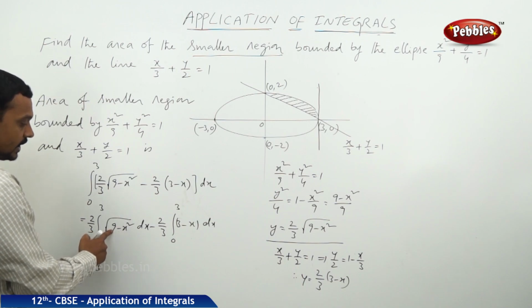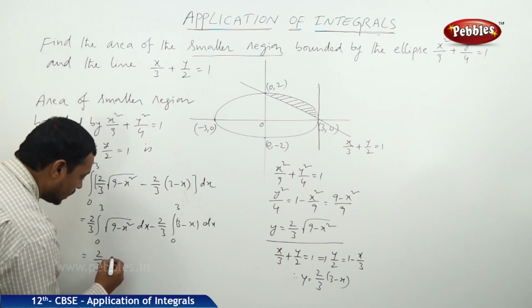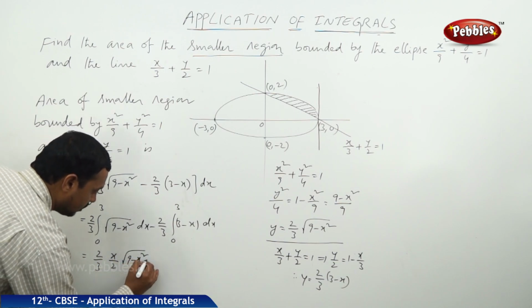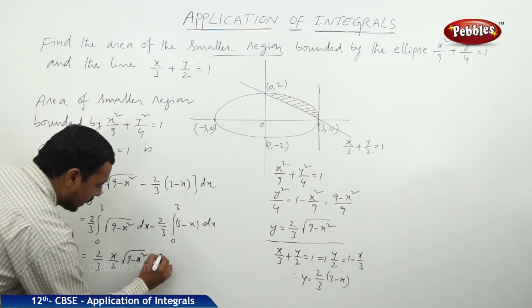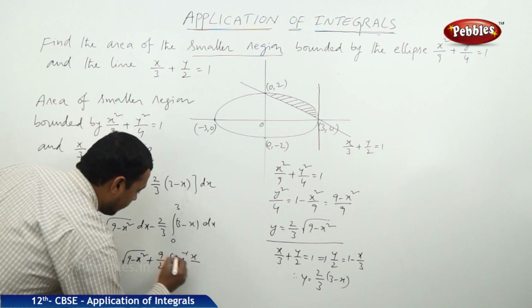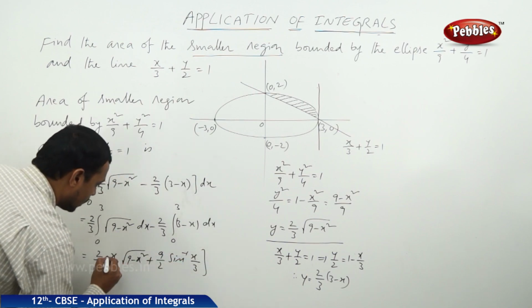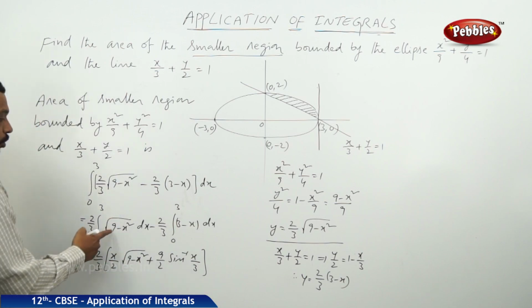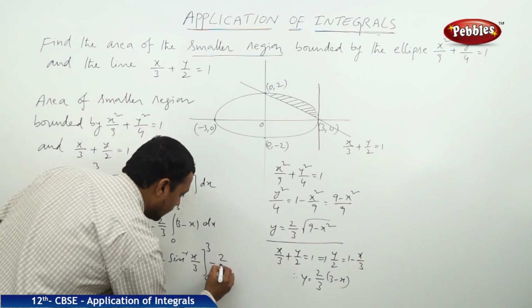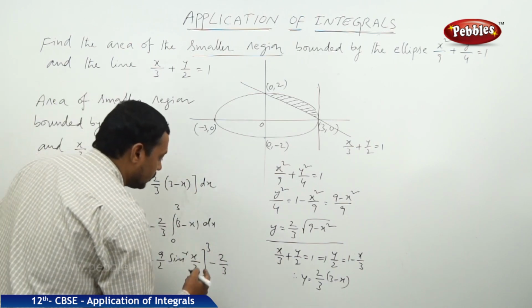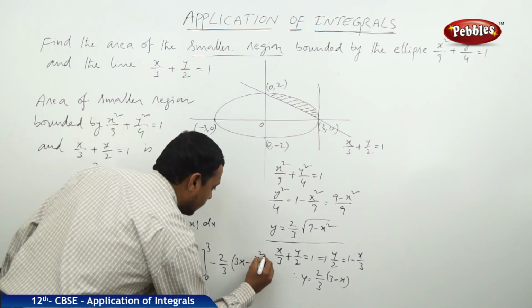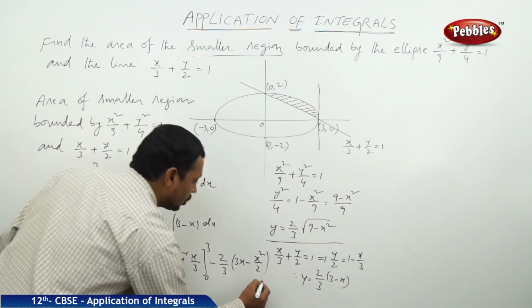Already you know the integral formula for √(a² − x²), that is (x/2)√(9 − x²) + (9/2) sin⁻¹(x/a), where a = 3. This is the integral value of √(9 − x²), and the limits are 0 to 3, minus (2/3) into, now the integral of 3 dx is 3x minus the integral of x, which is x²/2, between the limits 0 to 3.